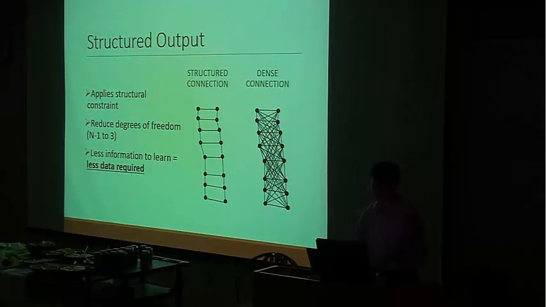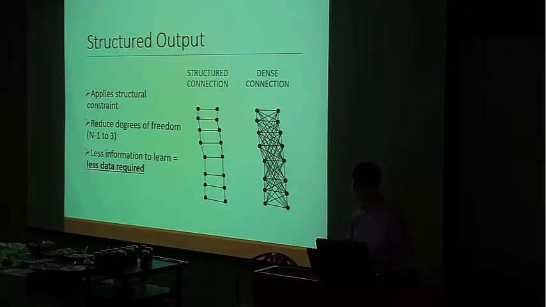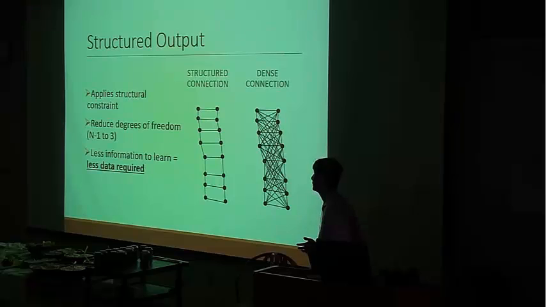So the next step to consider is to apply some type of structural constraint. Since the task is to detect spinal landmarks, we want to introduce some kind of prior as constraints.